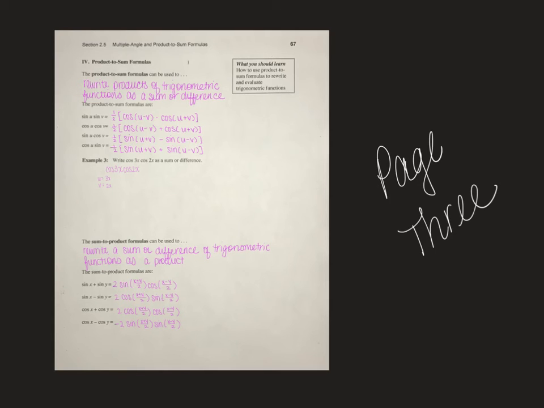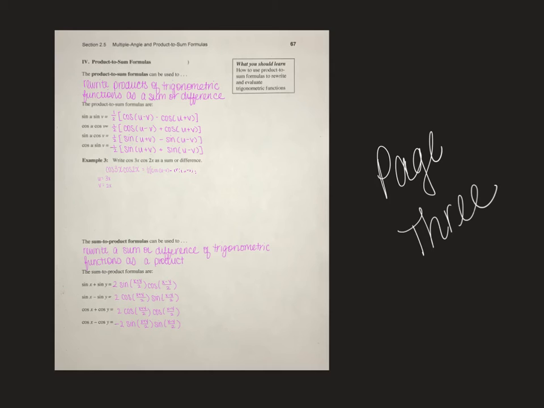Alright, so for our cosine, the formula that we have here is the 1/2. I'm going to put a bracket there because that's times everything. And it's going to be the cosine of u minus v plus the cosine of u plus v. And then you close your brackets.